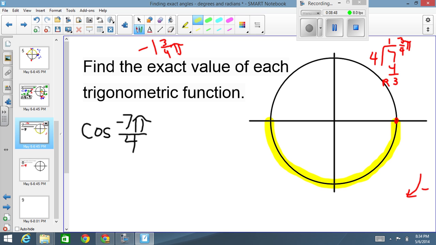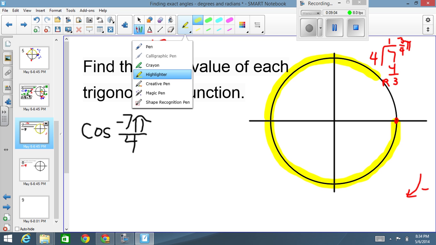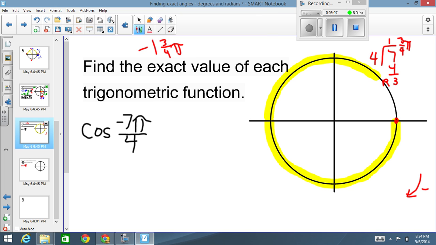And now I want to do another 3/4 of a pi. So here is a half, to there would be 3/4. Okay, if you cut that last quadrant into fourths, that's where we'd be. So that's very similar to the last one we just did.